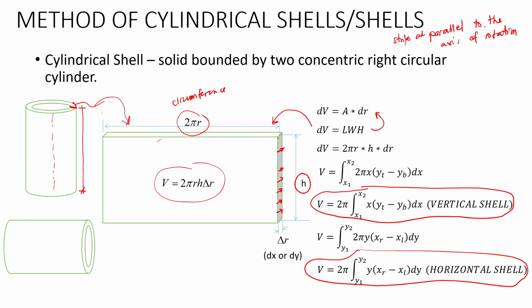So in this type of method, we're still going to use the horizontal and vertical strip, but this time the strips should be parallel to the axis of rotation. Okay?